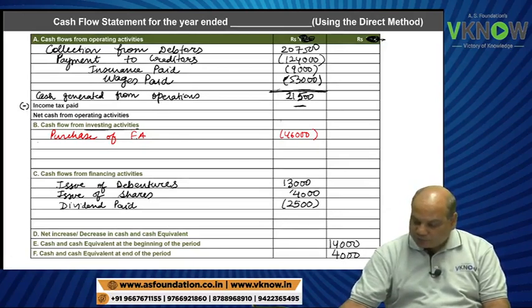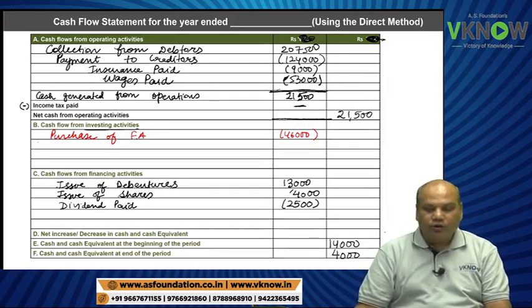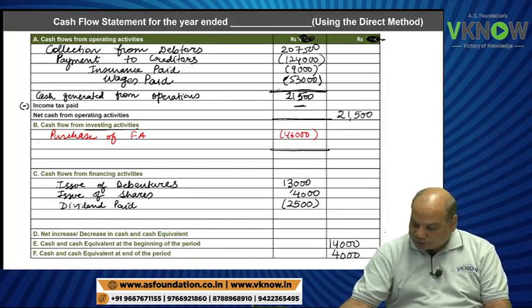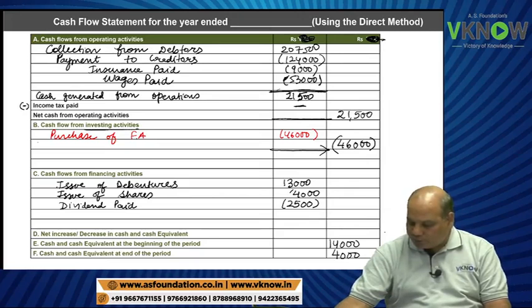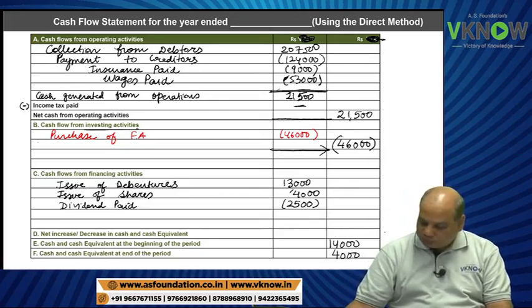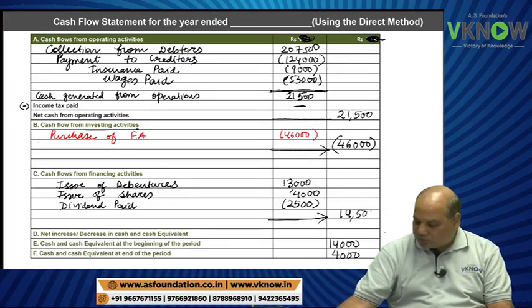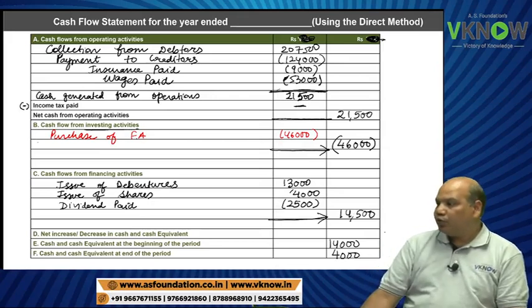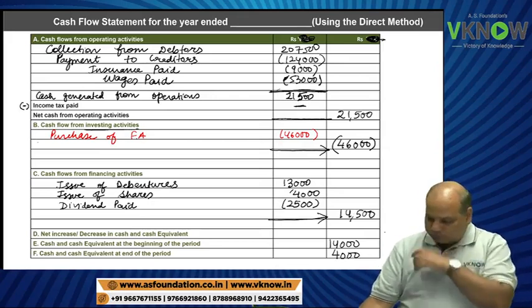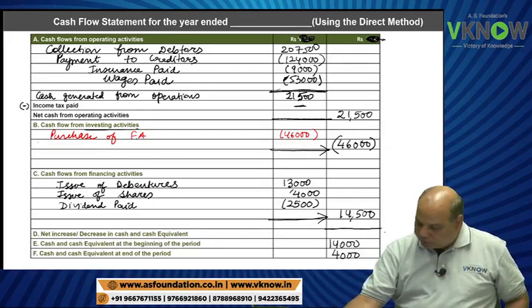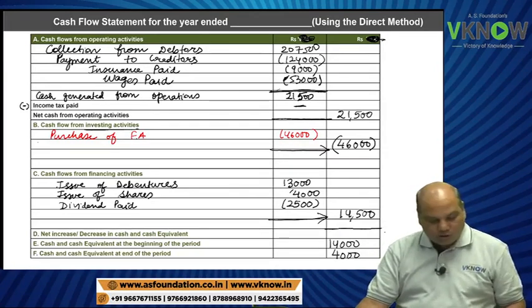Tax paid 0. Cash flow from operating activities 21,500. Cash flow from investing activities 46,000. Cash flow from financing activity, check the total, 14,500. So net increase or decrease in cash and cash equivalent.